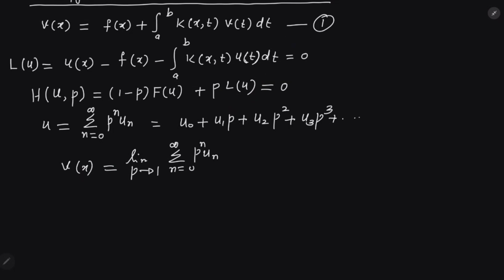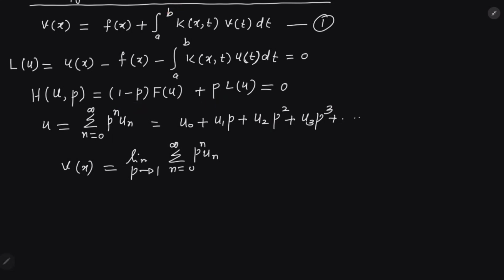So first you need to define the function, then you need to define the linear operator, and write it as a weighted average with weight functions in terms of p: the weight 1 minus p and another weight p.